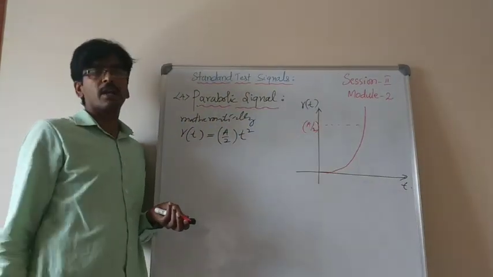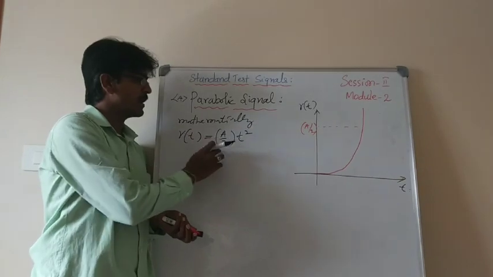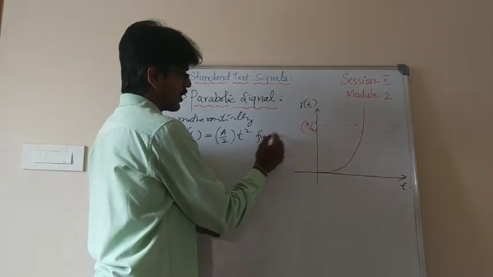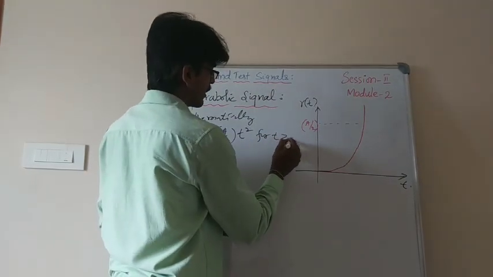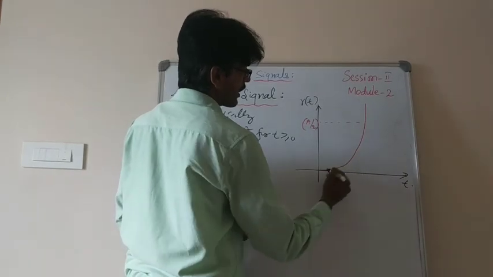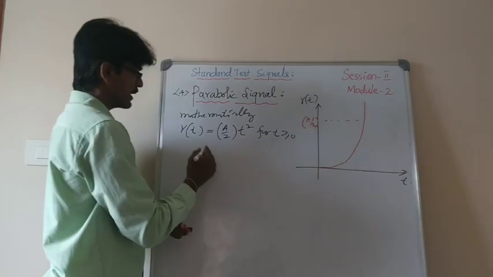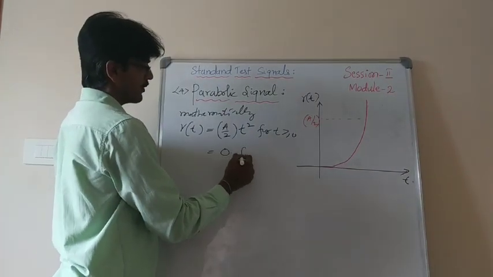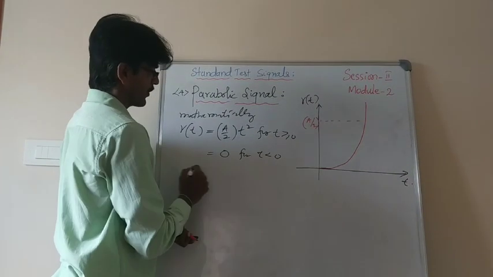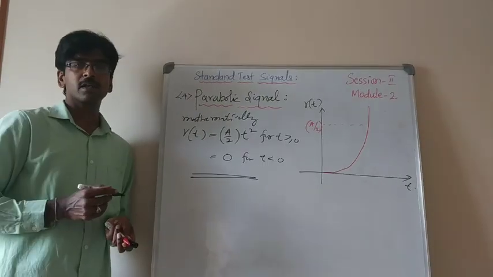So a parabolic signal is represented as a by 2 into t square for t greater than or equal to 0. And for t less than 0, its value is 0. So this is how it can be represented mathematically.